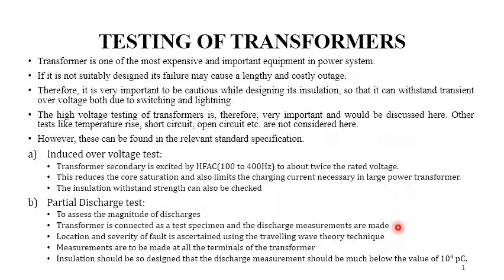The location and the severity of the fault can be identified using the traveling wave theory, the technique we discussed in the case of cables. In the same way we are going to use it for the transformer as well.